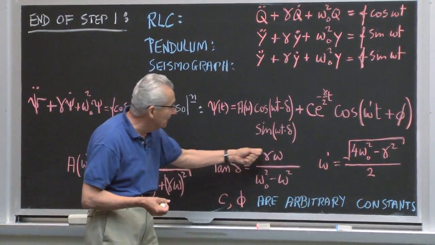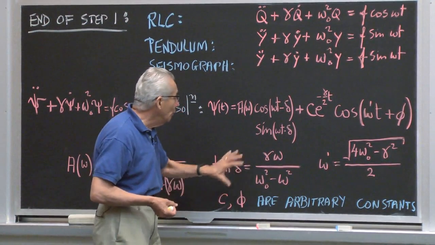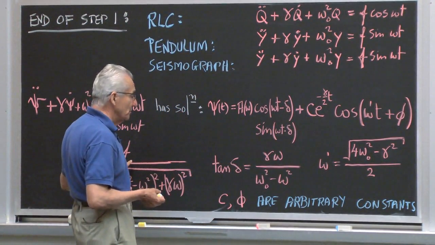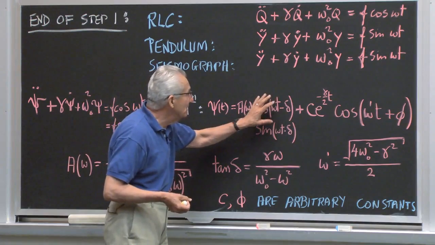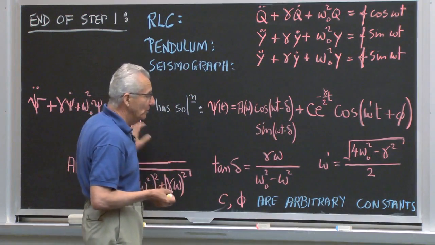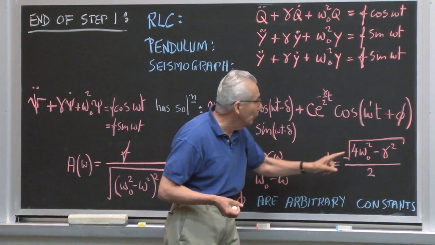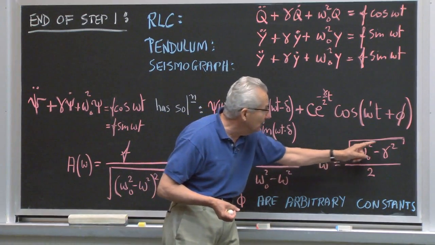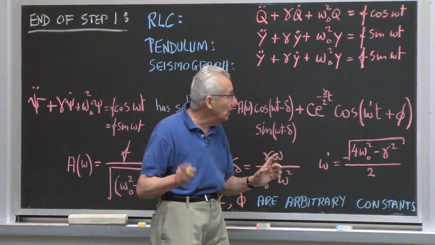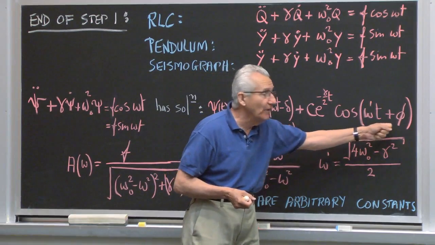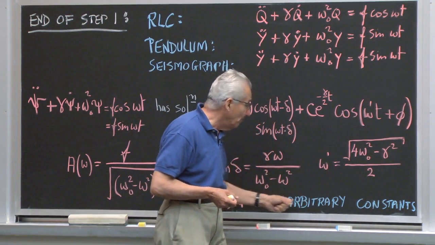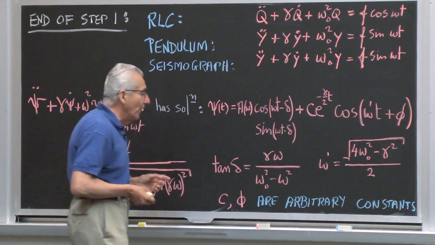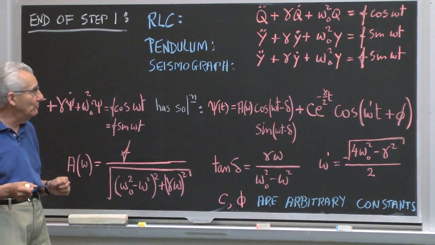The tan of delta is this. It is only under these conditions that this satisfies that equation. And finally, omega prime here also is a known quantity. Nothing here is unknown. The only unknowns are the c and the phi, and they are arbitrary constants. This works for any value of c and any value of phi.